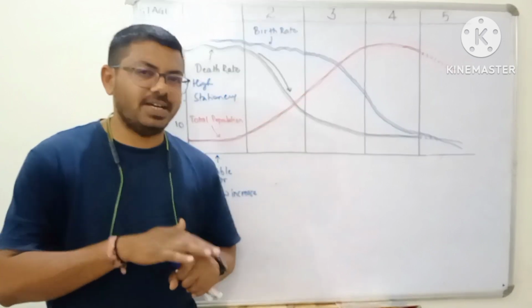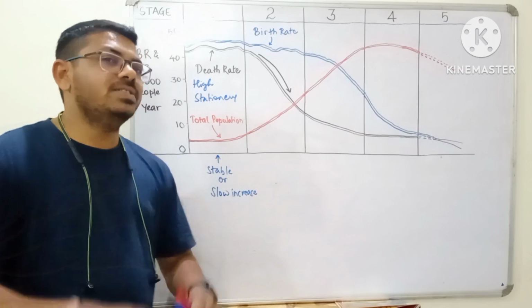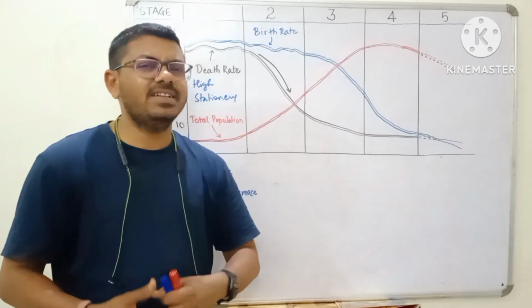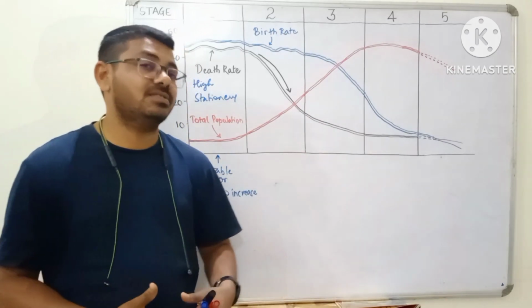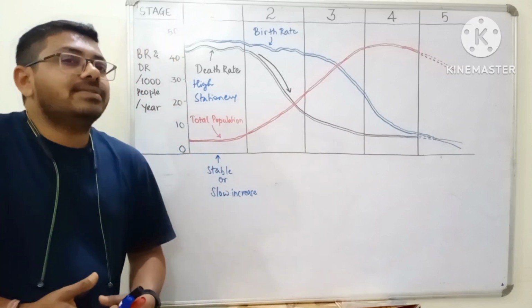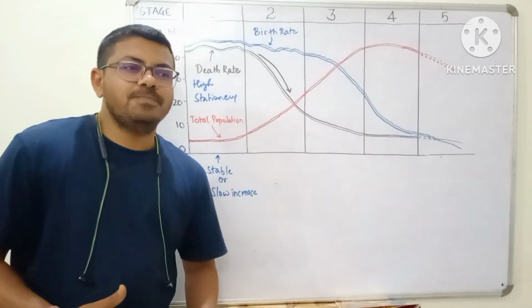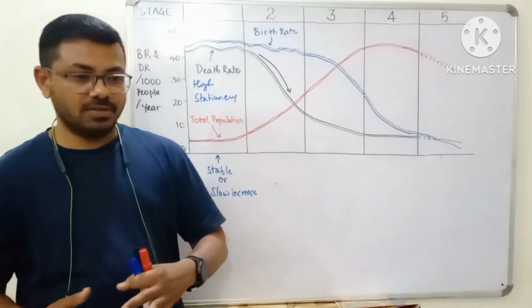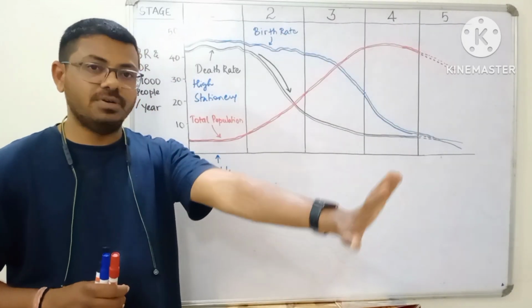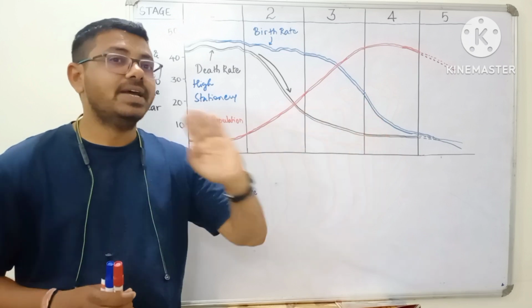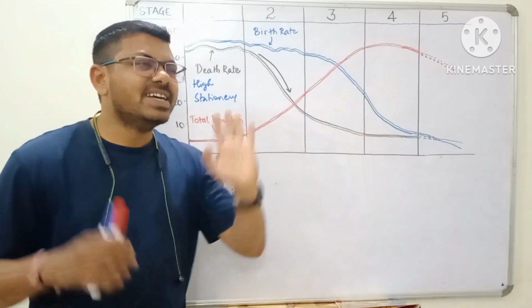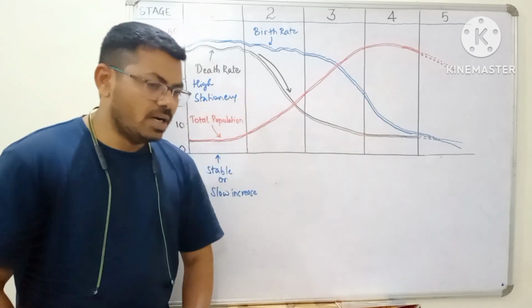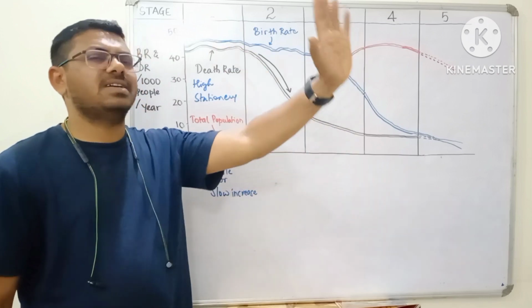Nobody would like to die, and nobody wants others to die. This is the mentality, this is the fact, and that's why, if people have to choose between birth and death, they will choose birth. Birth rate is okay, death rate should not be high. That's why in the world death rate has started falling.